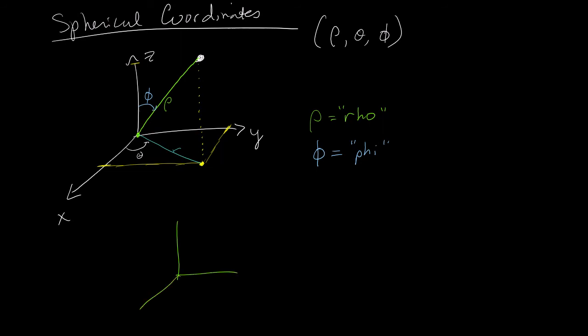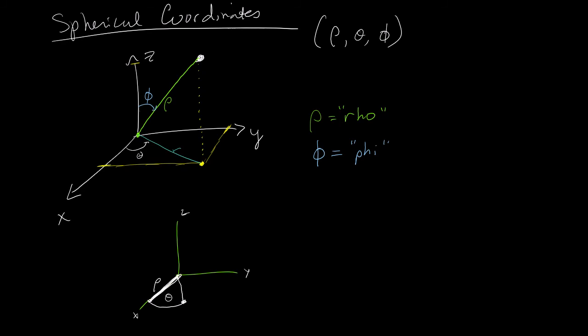So we're going to come out rho on the positive x-axis. And then from there, we're going to swing out in the xy plane. We're going to swing out theta. Then we are going to measure from the z-axis, we are going to measure down phi. So from here, we're going to come down phi. So I'm going to swing it up, until I get phi.